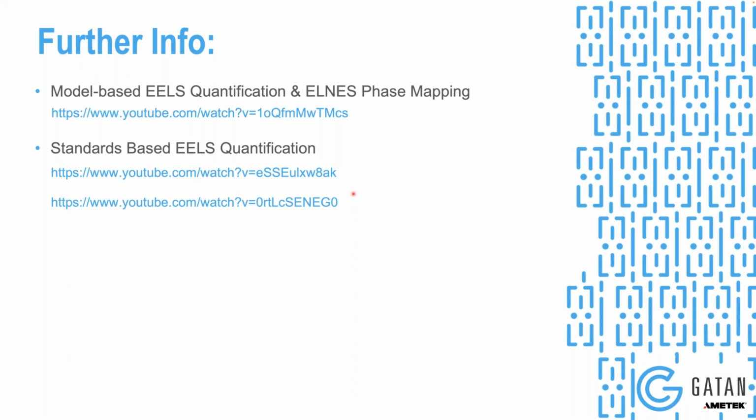So all the software features that have been discussed and everything that I showed with my software installation is all included in DigitalMicrograph 3.4 and higher. So none of these are unreleased tools. They've been released and available for quite some time.